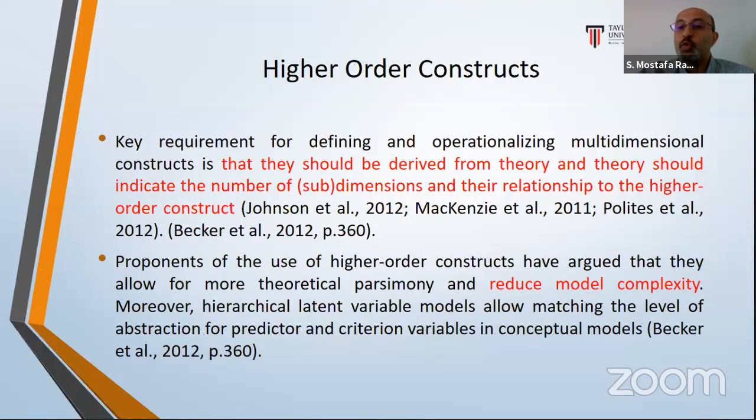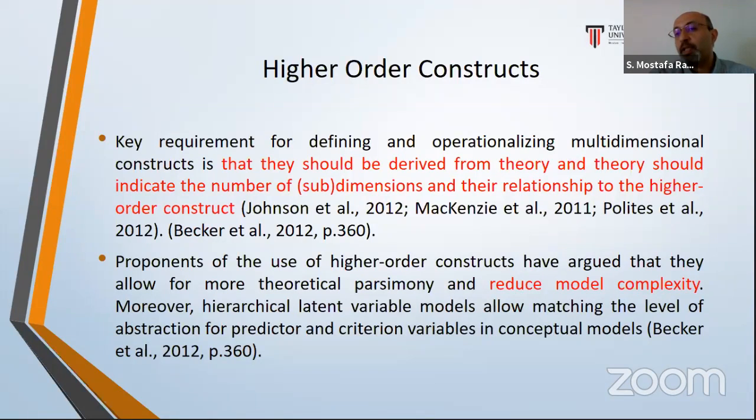So we need to support our construct, and the dimensions of each higher order construct, based on measurement theory. It means that based on the literature, we need strong support.